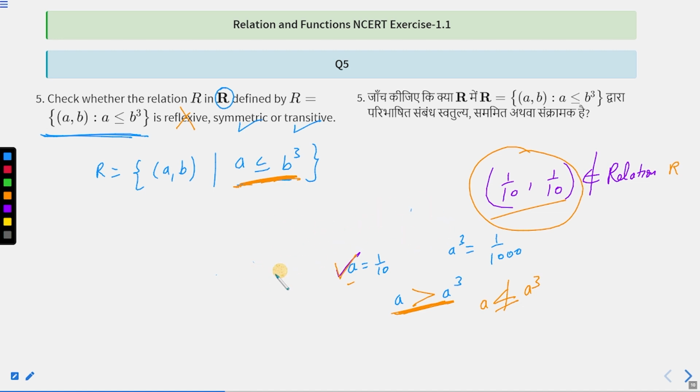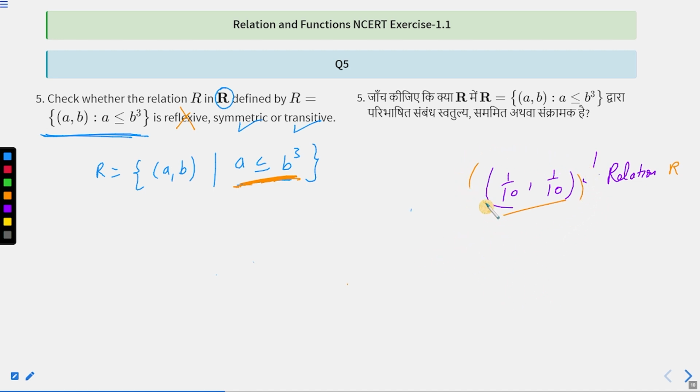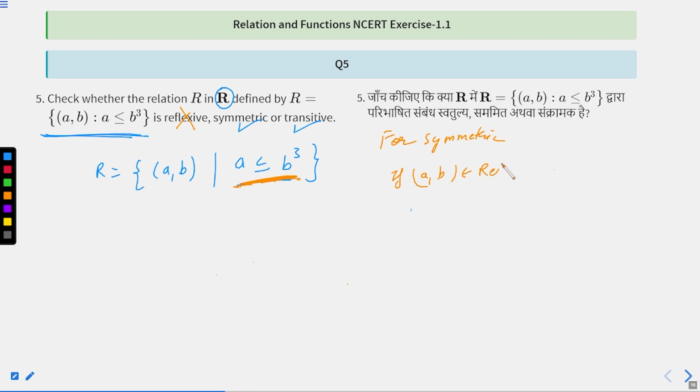Now let's check for symmetric relation. For symmetric, if you recall, if (a, b) belongs to the relation R, I am talking about the relation R, not the set of real numbers, then (b, a) also belongs to the relation R for every a, b in real numbers.